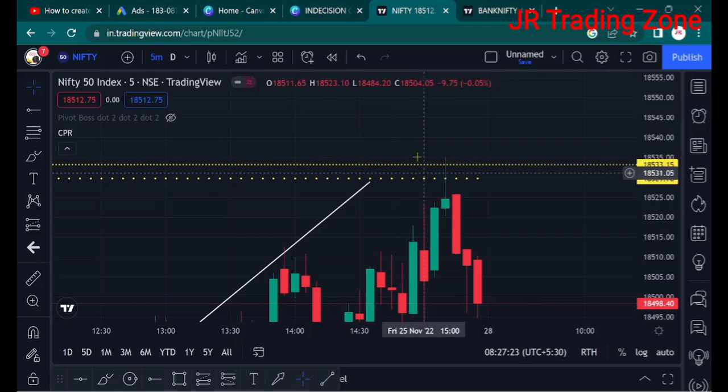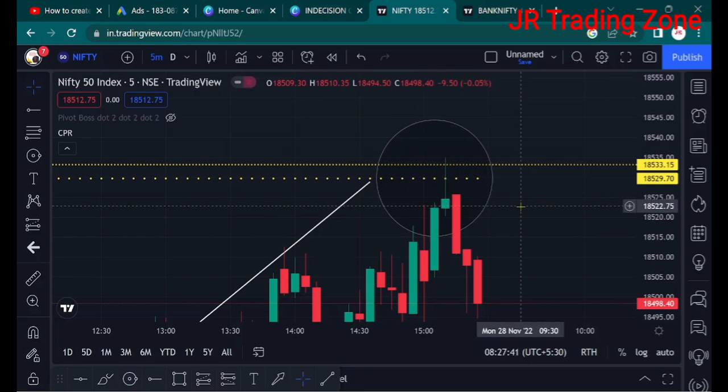Right at this point, candle tried to close above, but it was not able to close above. Sellers came here, aggressively sold, and it is showing a pin bar. This pin bar we have to take under consideration.